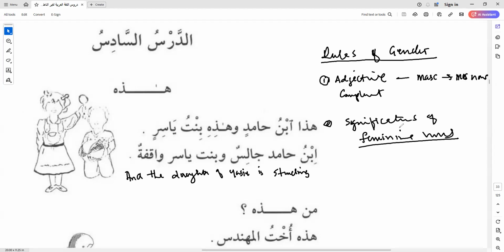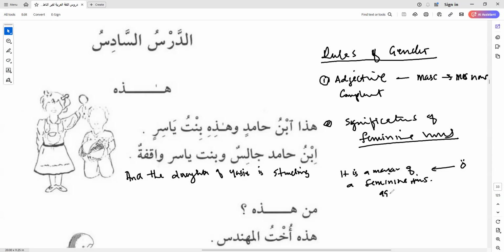So the first signification is what we call ta. This ta is a marker of a feminine noun.